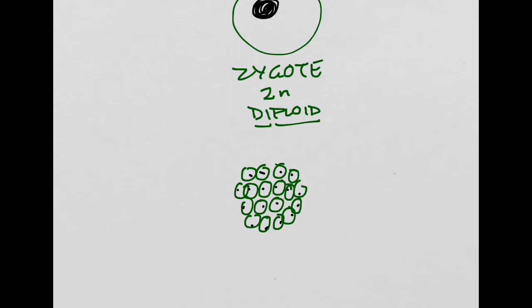It's all available, and that means any one of these cells could give rise to any type of cell. When cells can still give rise to many different types of cells, we call them pluripotent. And pluripotent is actually a word that allows you to understand what it means. Pluri means many, potent means potential. So it has the potential to be many different cells.